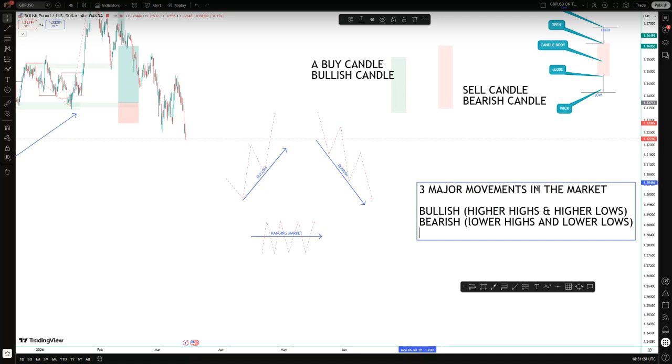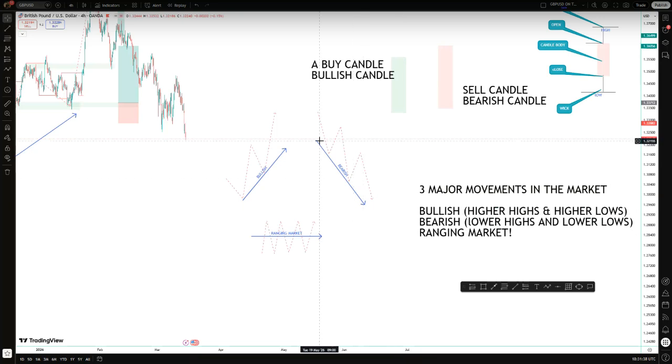And then we have the ranging market. So these are the three directional bias in the market. The market is either going up, or it is going down, or in itself it is ranging. It doesn't know where to go. So that is that about that.